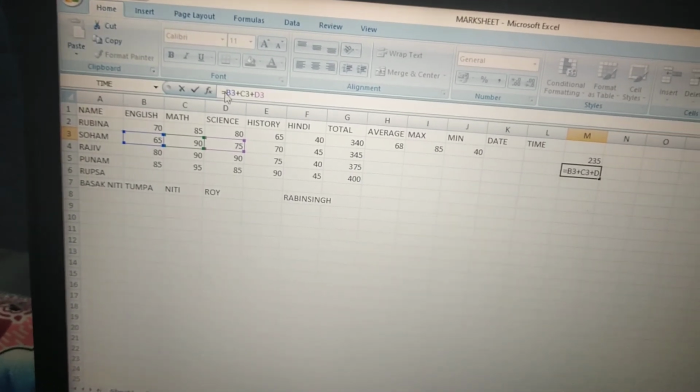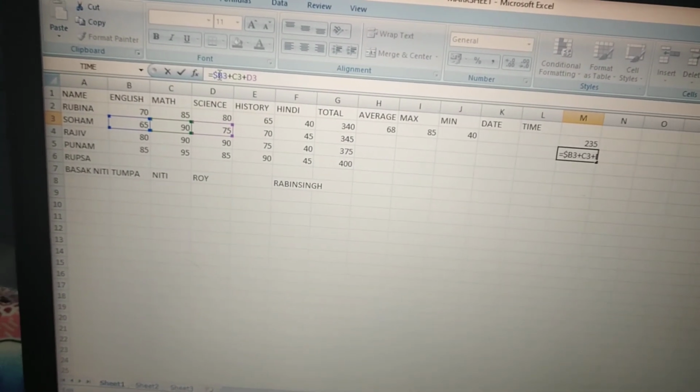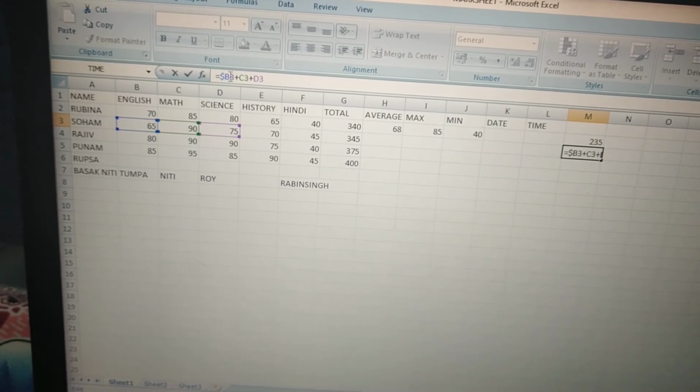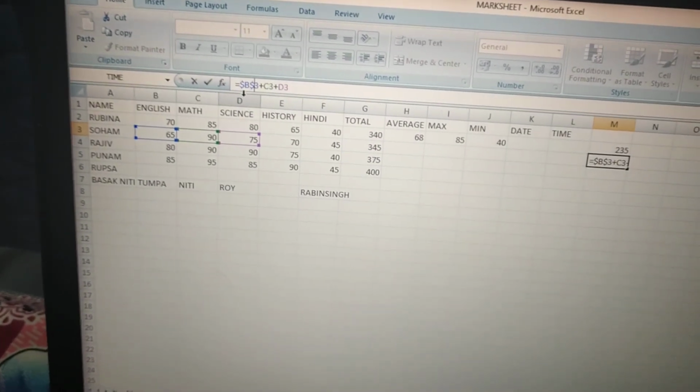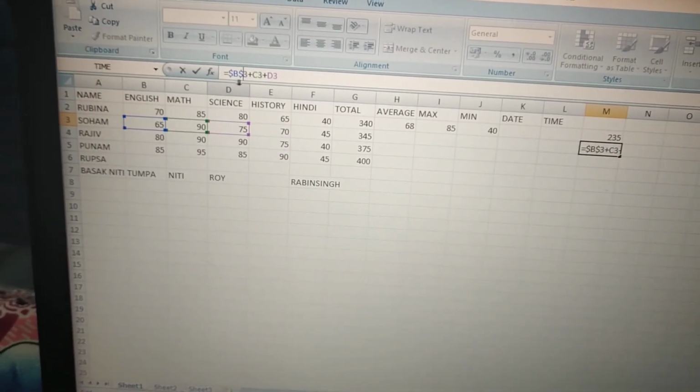I have to put a dollar sign before each digit and letter.